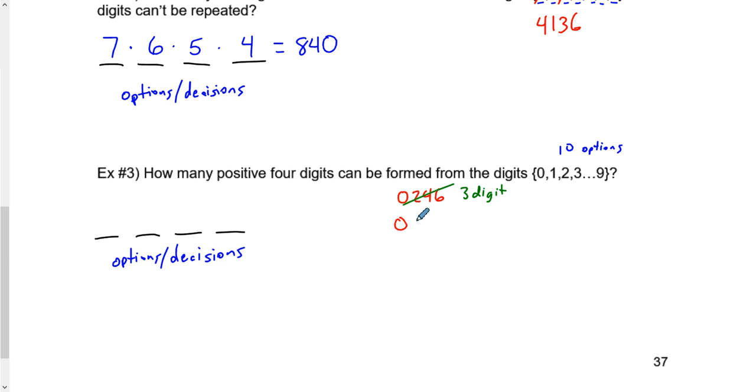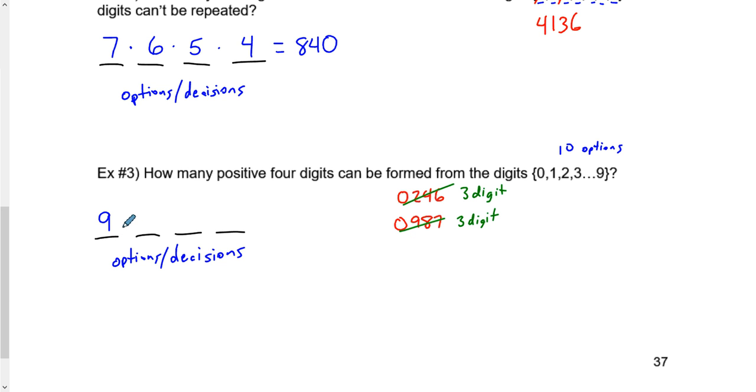The number 0987 is once again a 3-digit number. So that first place, the thousands place, can't be the number 0, which means it can be any of the numbers from 1 to 9. So we have 9 options to choose from.